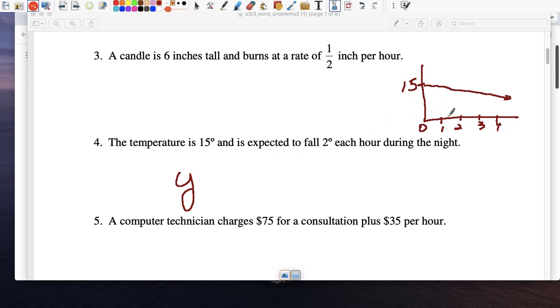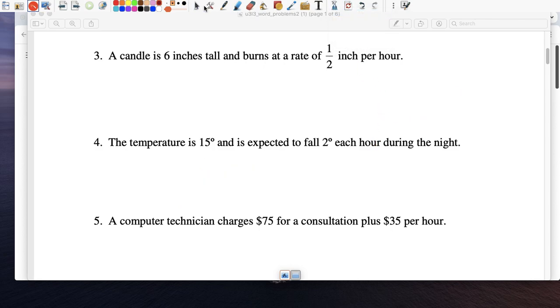One hour from now, it's going to be 13, then 11, then 9, and so on. Because our slope is negative, our line is decreasing, so it's minus 2x. And what do we start with? We start at plus 15, which represents our starting point, positive 15, aka our y-intercept.